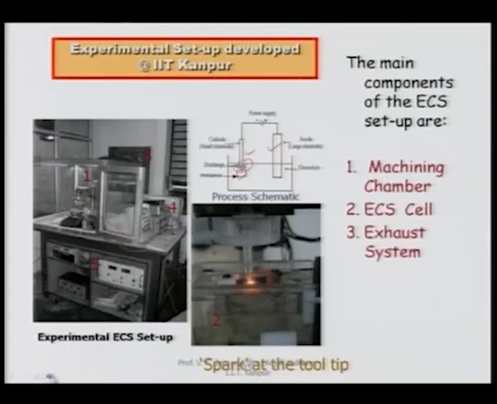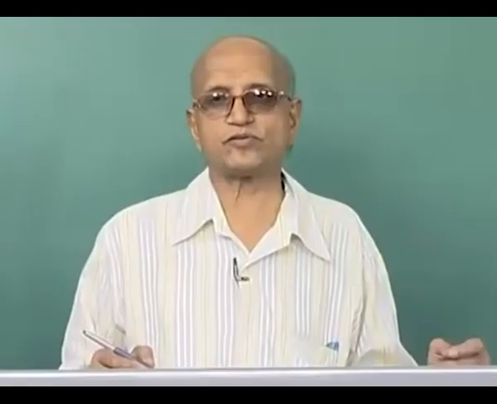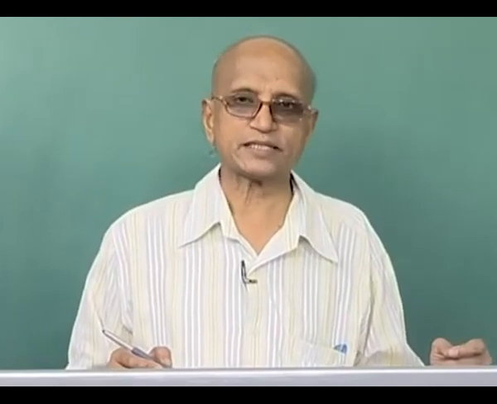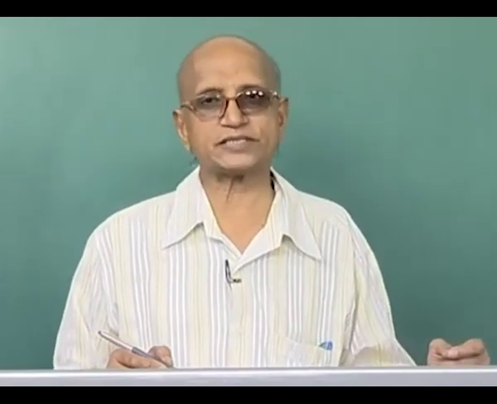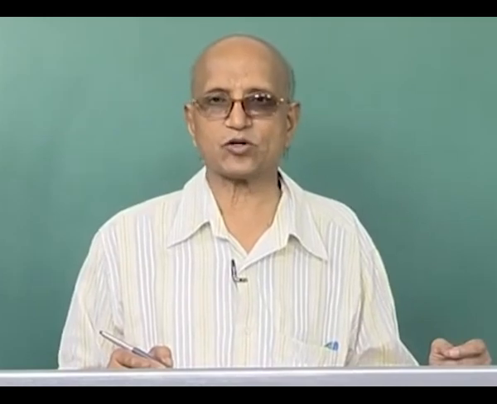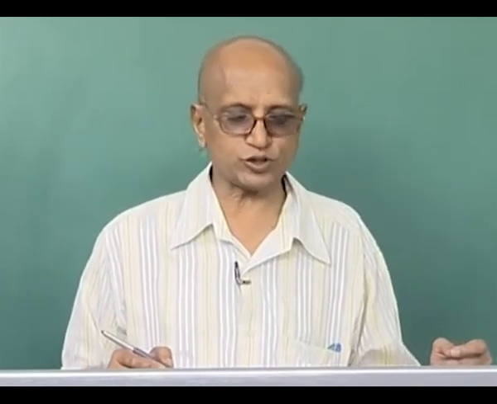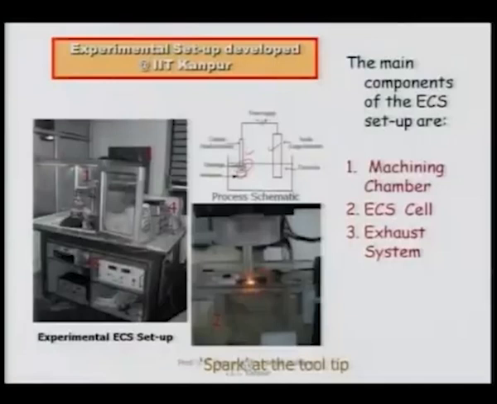Whatever gases are evolved during electrochemical spark machining should be exhausted outside, otherwise they will be harmful for the operator, people standing near the setup, as well as the machines near the setup, which will get corroded if the exhaust of the fumes is not done properly. On the back side there is an exhaust system which is not clearly visible. There are 2 exhaust fans which take out the fumes developed in this machining chamber during electrochemical spark machining.